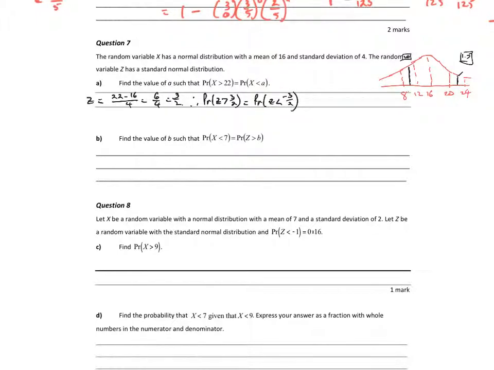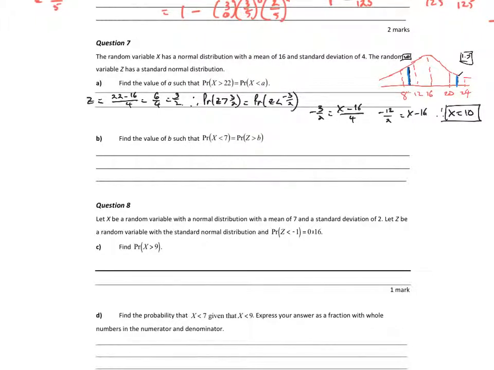Now if I want to work out the X value that gives me negative 3 on 2, negative 3 on 2 is equal to X minus mu on sigma. Multiply the 4 across, I get negative 12 on 2 equals X minus 16. Negative 6 plus 16. Yeah, so that's my formal approach. And my immediate reaction was 1.5 standard deviations above, so it's going to be 1.5 standard deviations below.